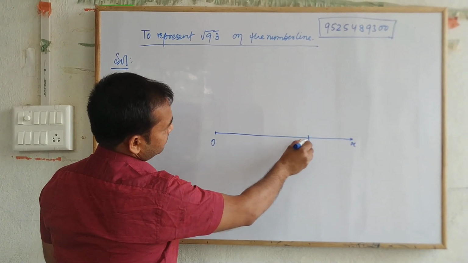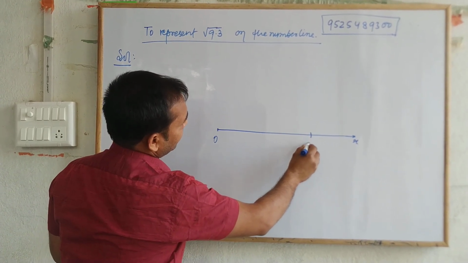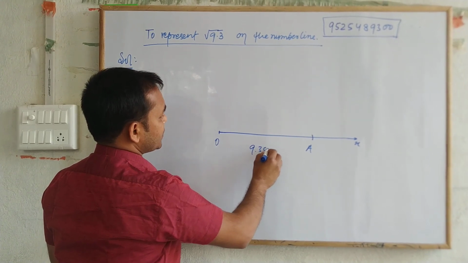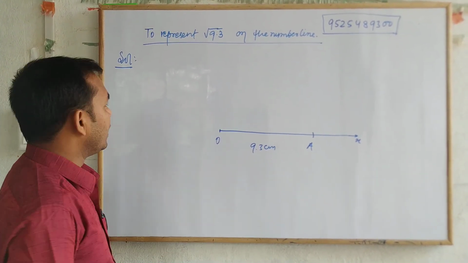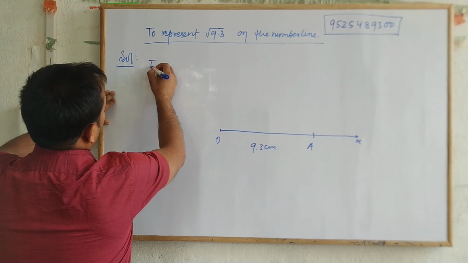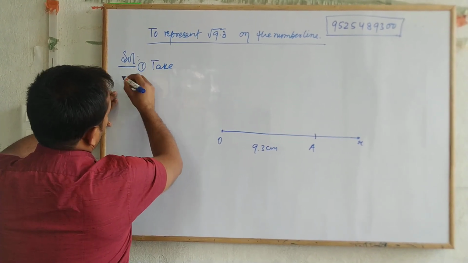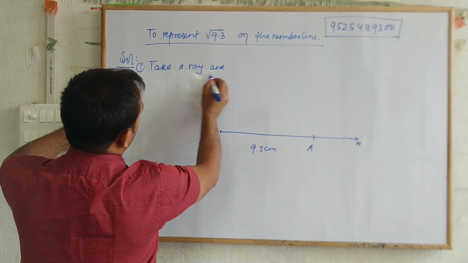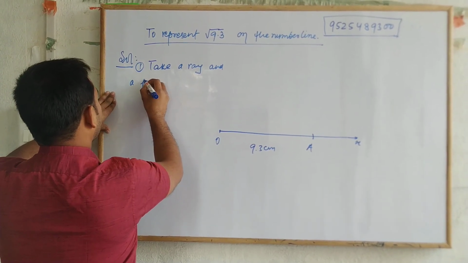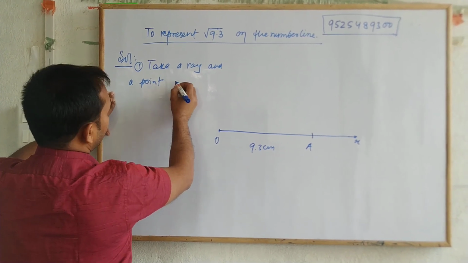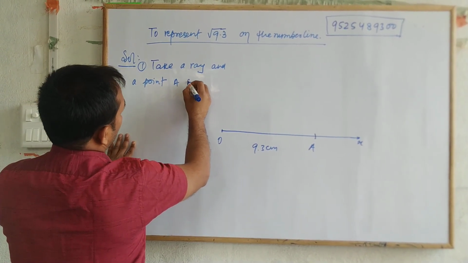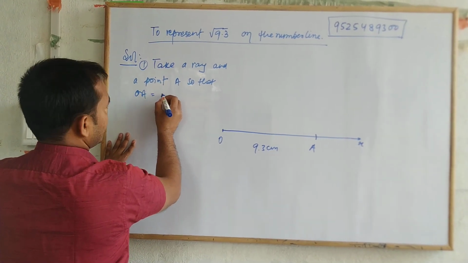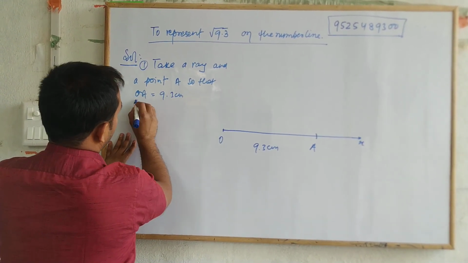Name this point A. Step 1: take a ray and a point A so that OA is equal to 9.3 cm.